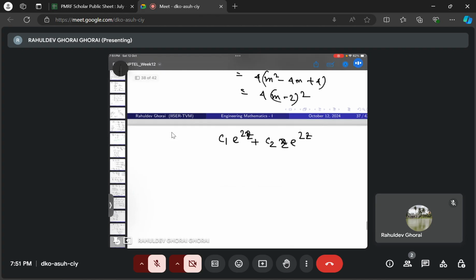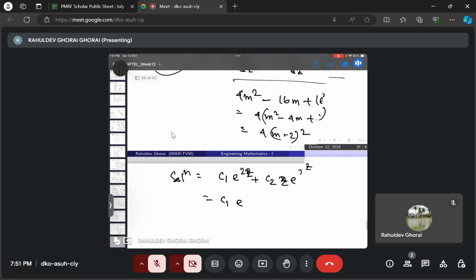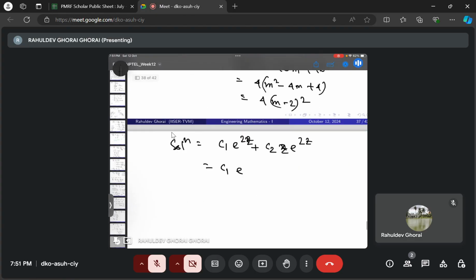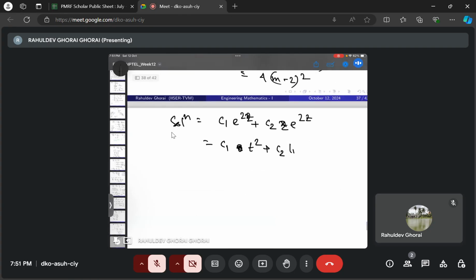The solution is this, but you have to write it in terms of x. You know e to the power z is equal to t, so it will be c1 t square plus c2 ln of t times t square, right?